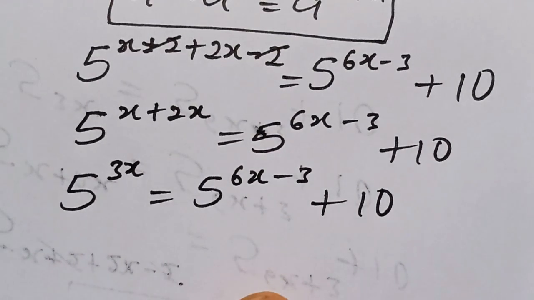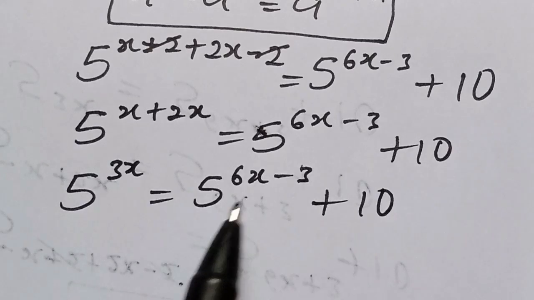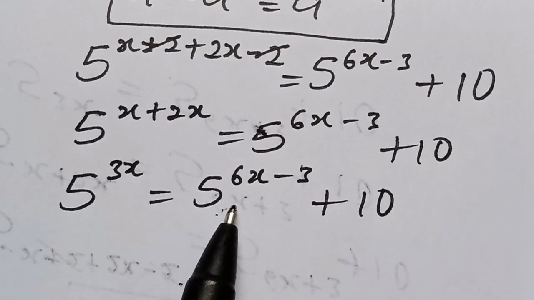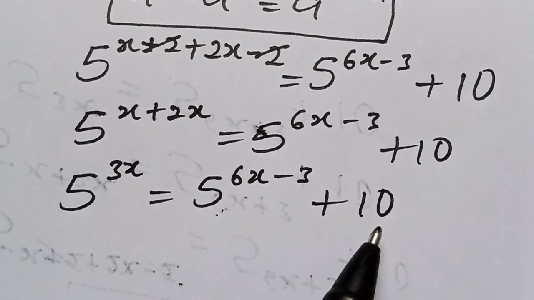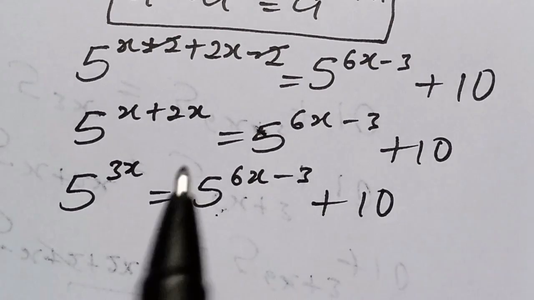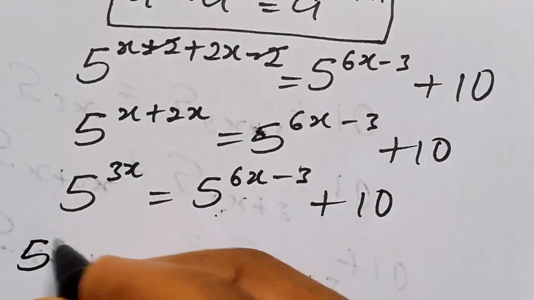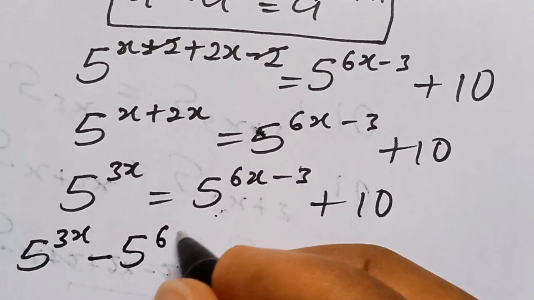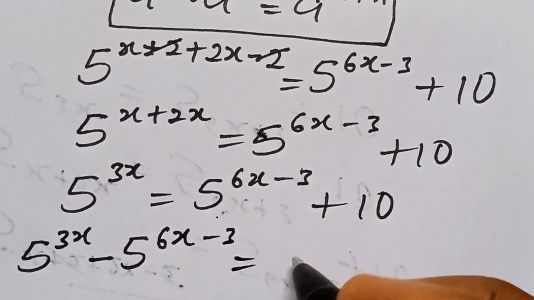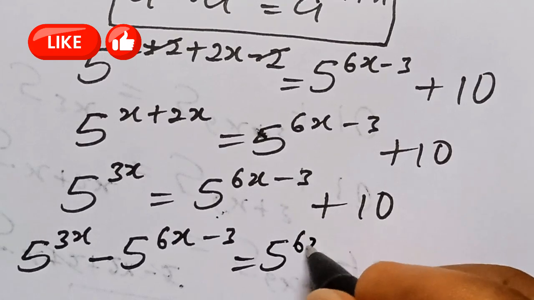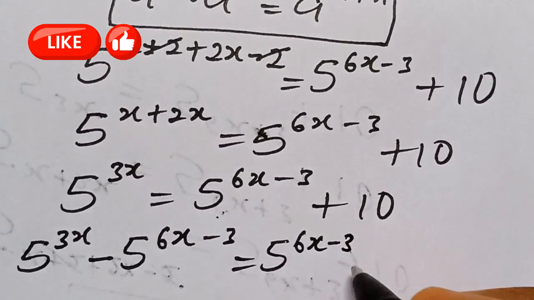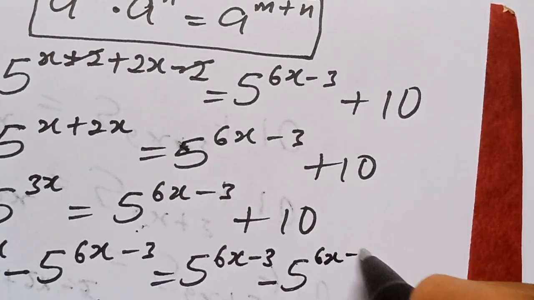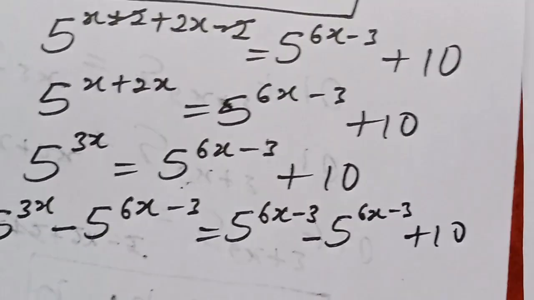What we need to do here is to subtract this expression from both sides in order to isolate this 10, this constant. So we now have 5 raised to power 3x minus 5 raised to power 6x minus 3 equals 5 raised to power 6x minus 3 minus 5 raised to power 6x minus 3 plus 10.